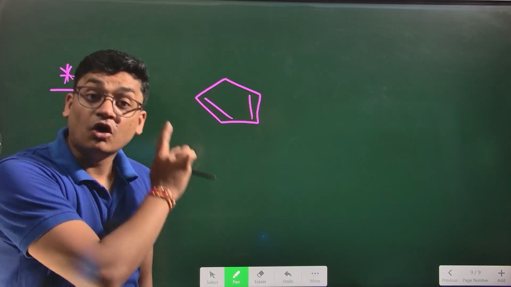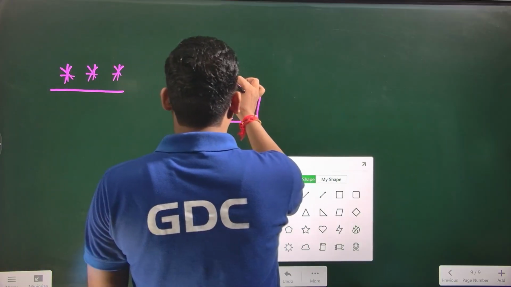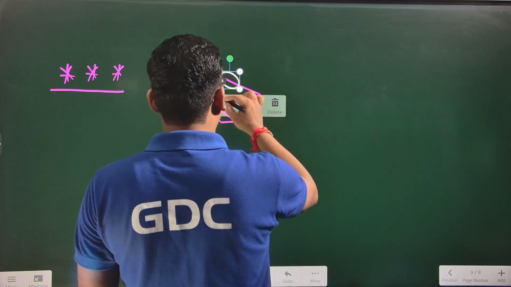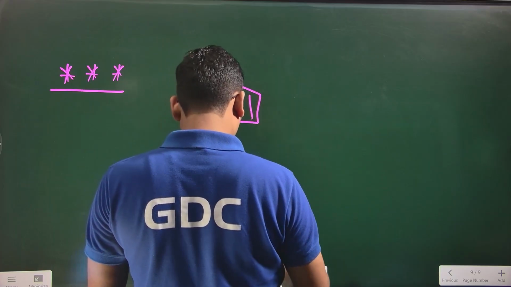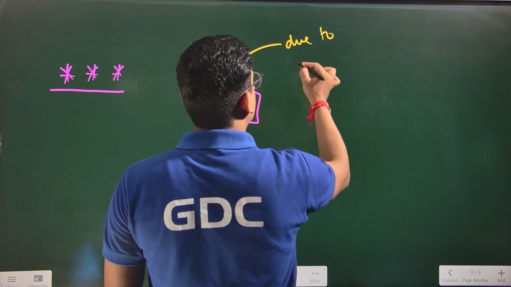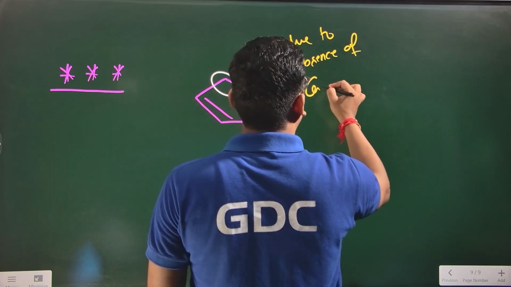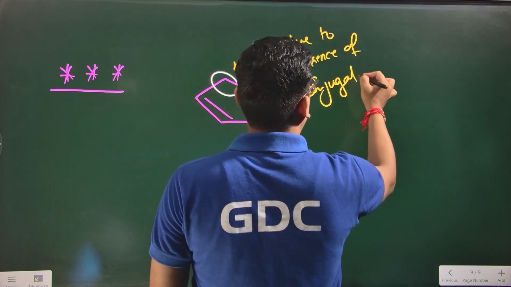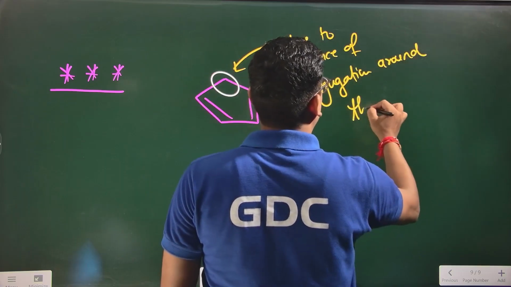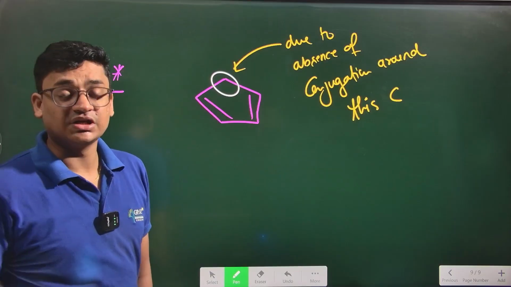It means it's a non-aromatic structure, due to the absence of conjugation around this carbon.